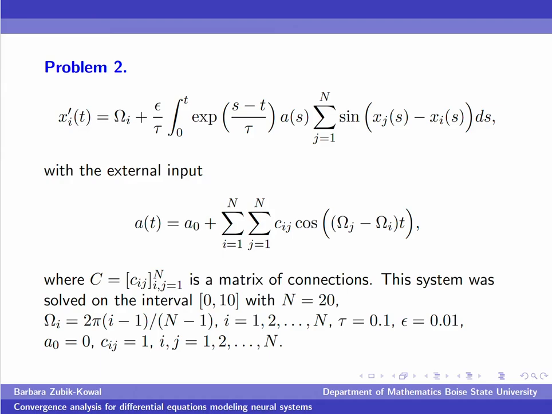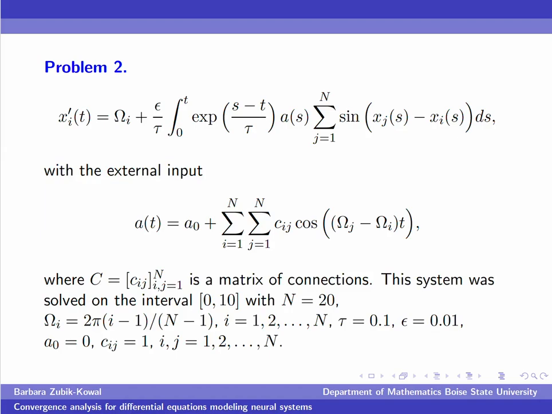Now, in problem 2, we use the kernel defined by the exponential function, and as before, we solve the model equations over the interval from 0 to 10. The number of equations is n equals 20. The parameter tau is equal to 0.1, and the parameter epsilon is equal to 0.01.